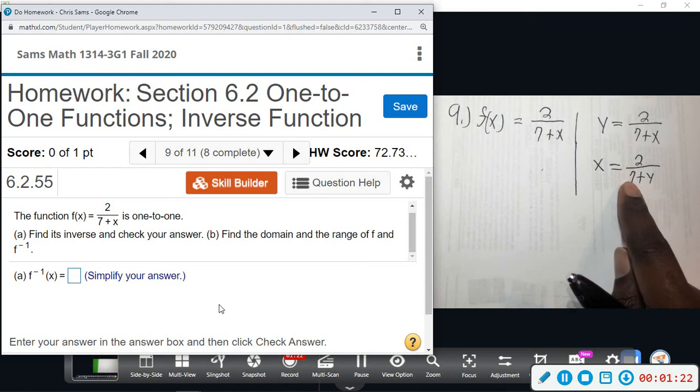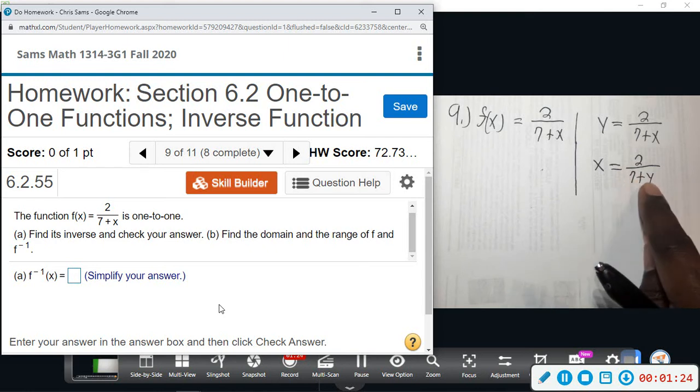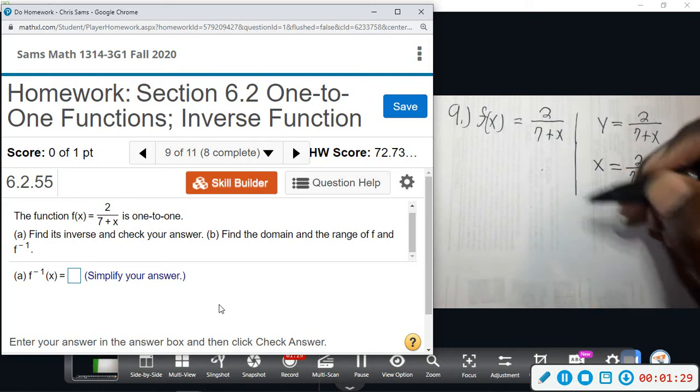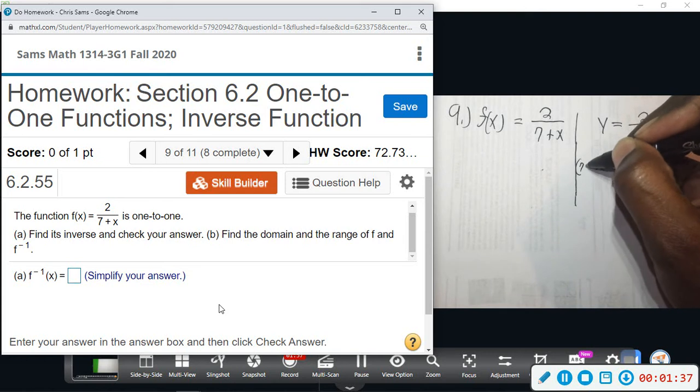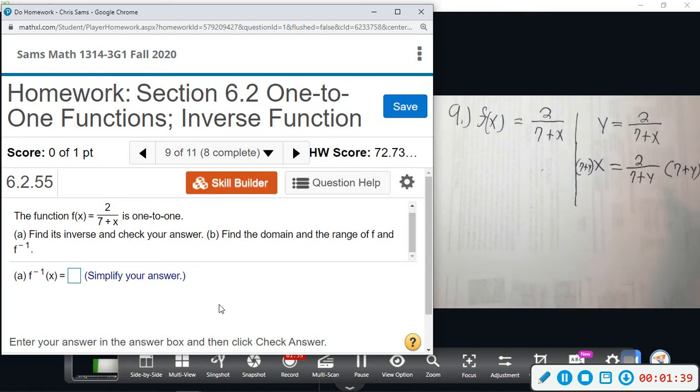Alright, so the way that we do this is we're going to multiply by the denominator to get it off the bottom. So I'm going to start out by multiplying by 7 plus y on both sides. It's going to get divided to be 1.